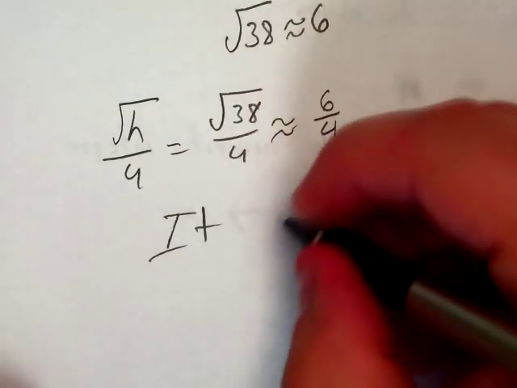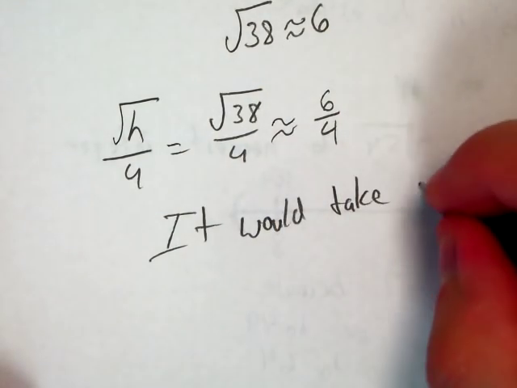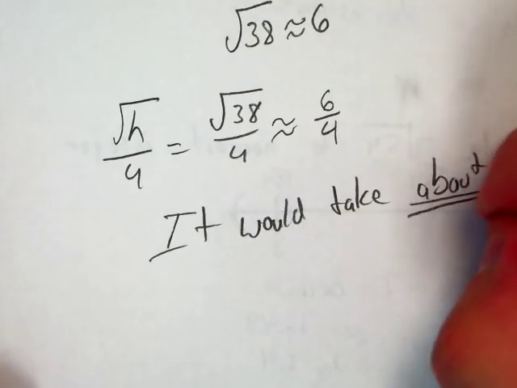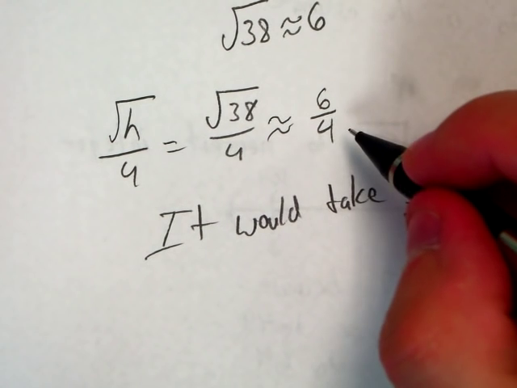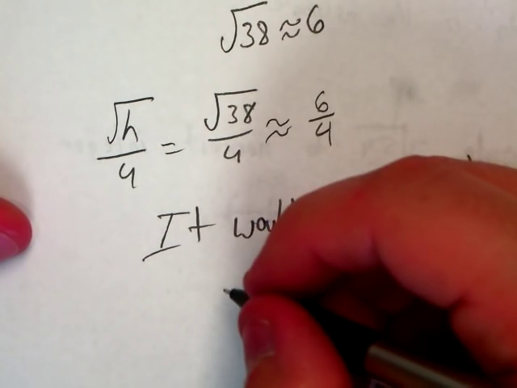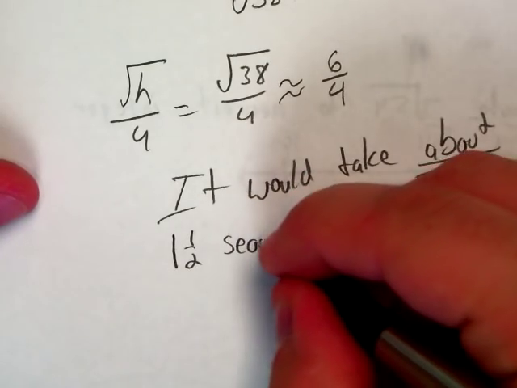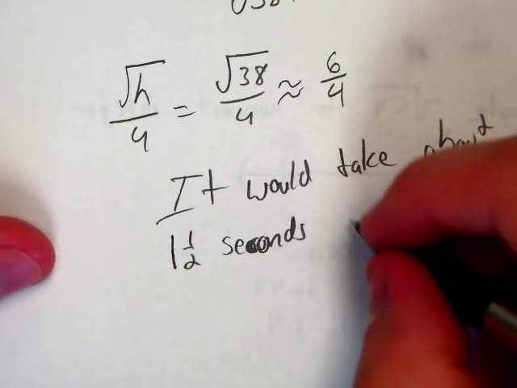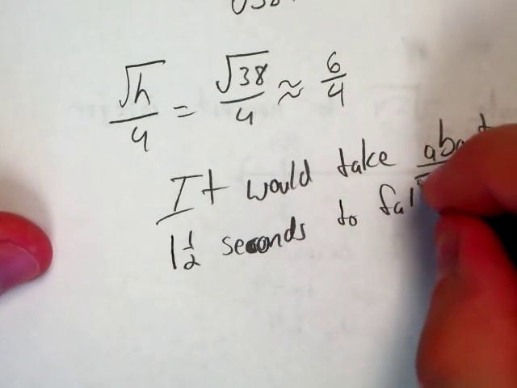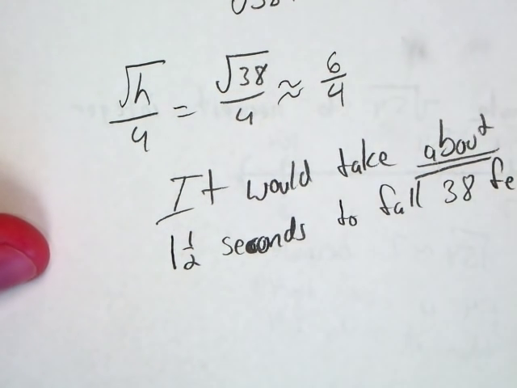So it would take about, and this is that key word here, about, because we're estimating. 6 over 4 can be simplified to 1.5. So it would take 1.5 seconds, about, to fall 38 feet.